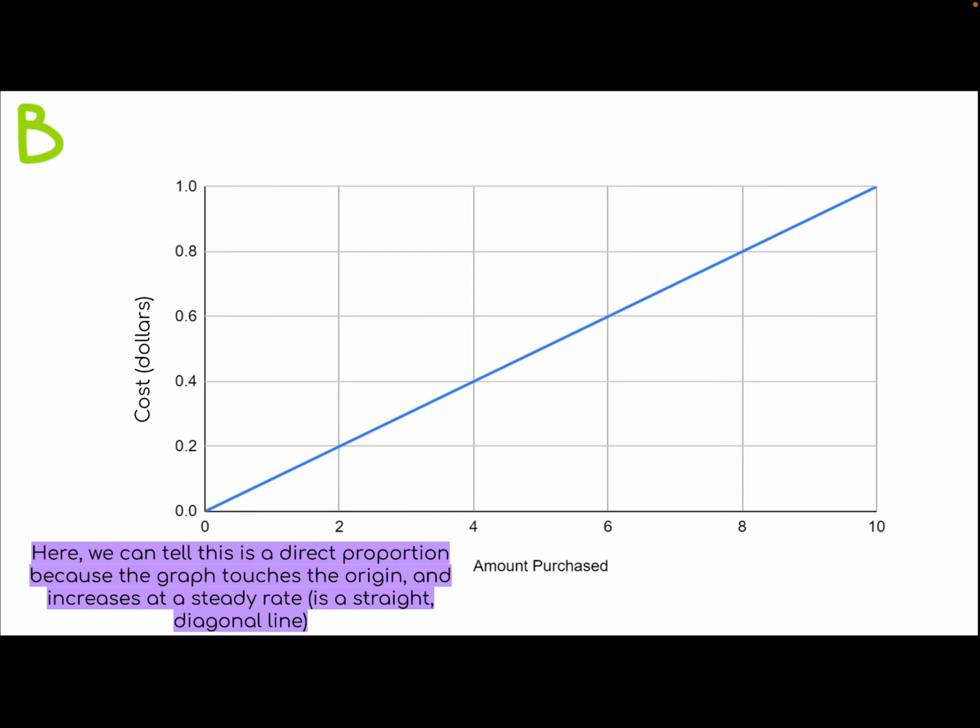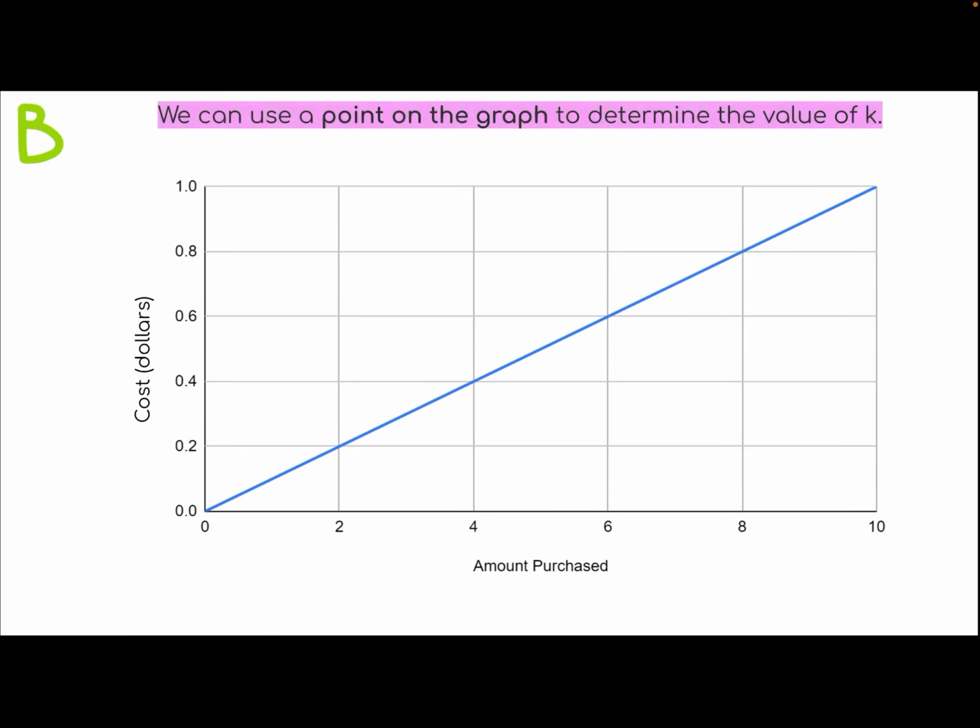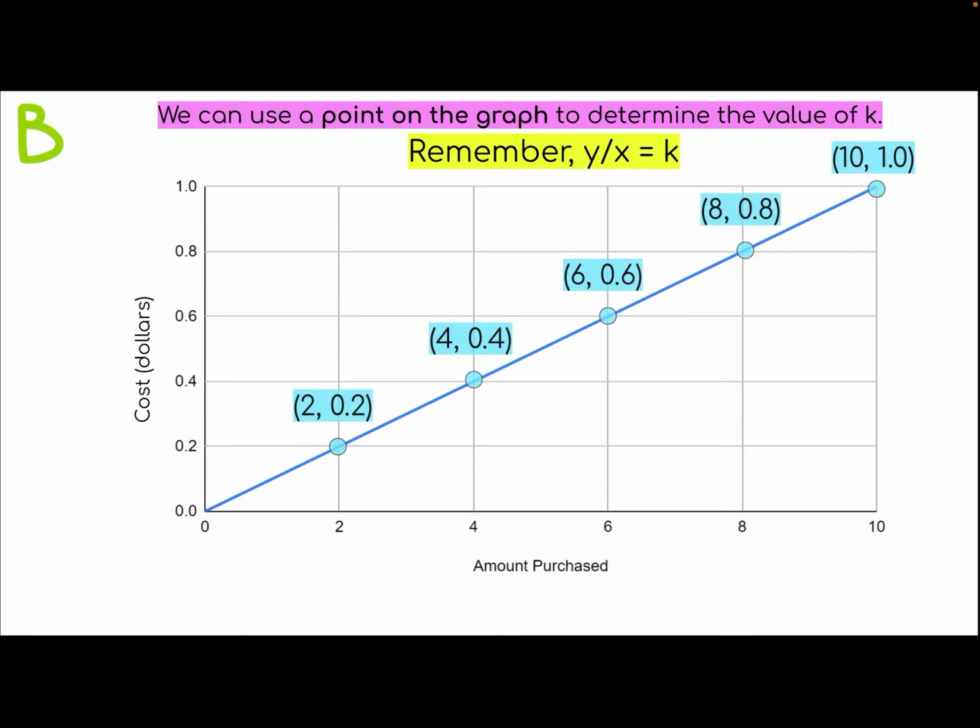Here we can tell this is a direct proportion in graph B because the graph touches the origin and increases at a steady rate. It is a straight diagonal line. We can use any point on the graph to determine the value of k. Remember, your k value is your unit rate, y divided by x.